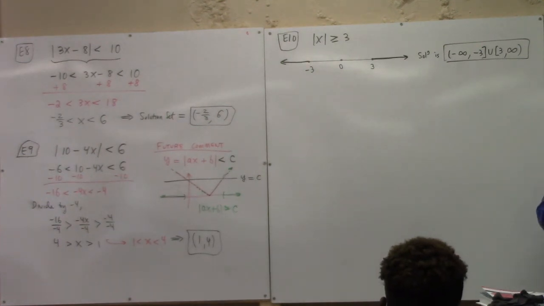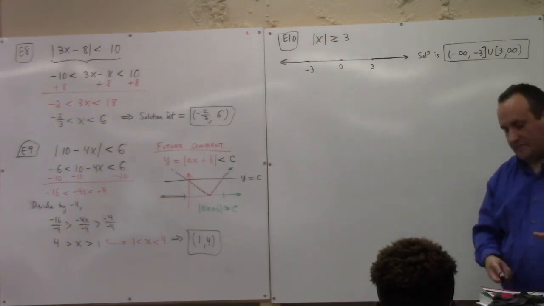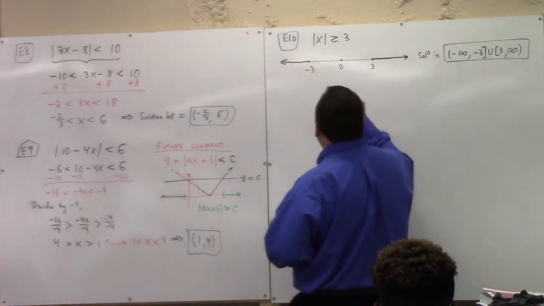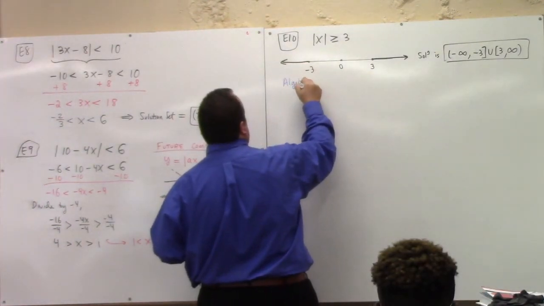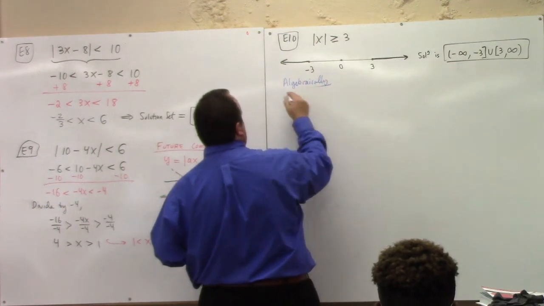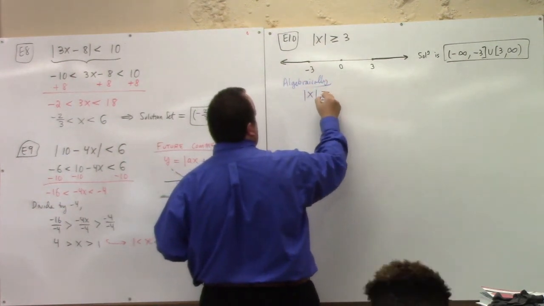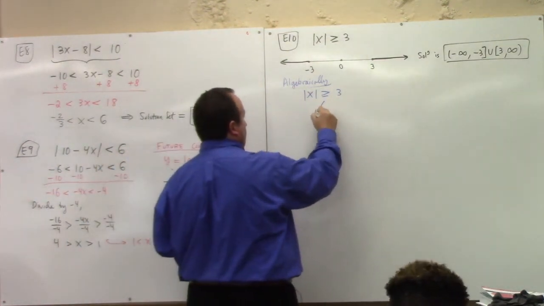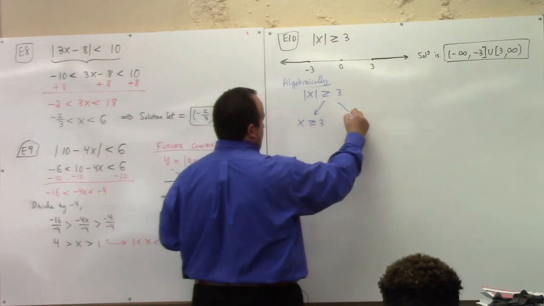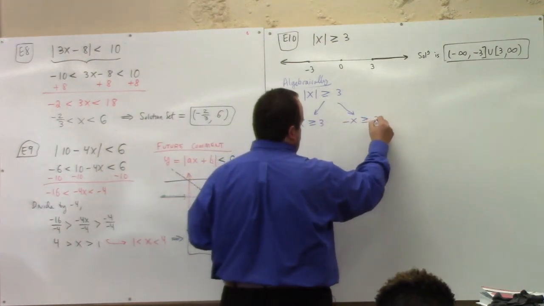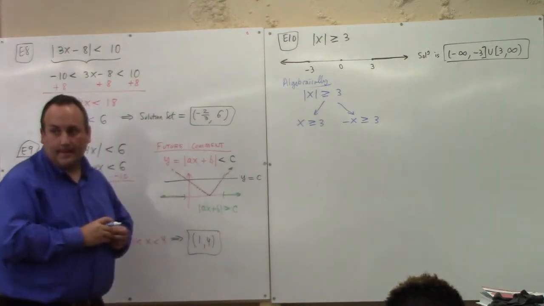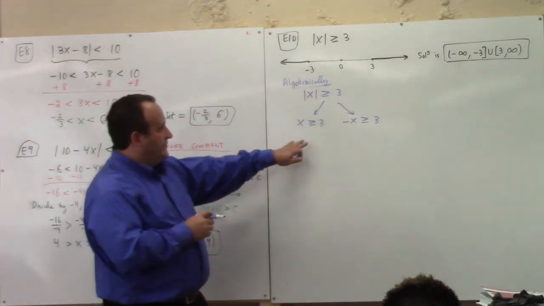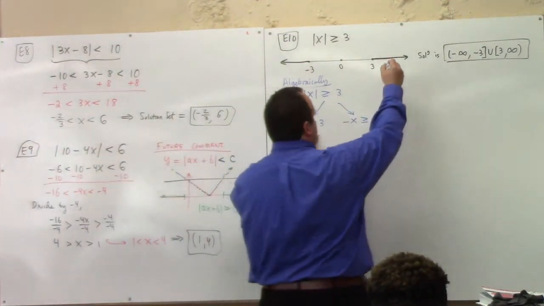How would I come to that understanding? If I didn't want to always draw number lines and think through number lines, how would I come to that understanding algebraically? If we have absolute value of x greater than or equal to 3, there are two different cases. Either you've got x greater than or equal to 3, or you've got minus x greater than or equal to 3. So x greater than or equal to 3, lovely, we already have that, it's right here.